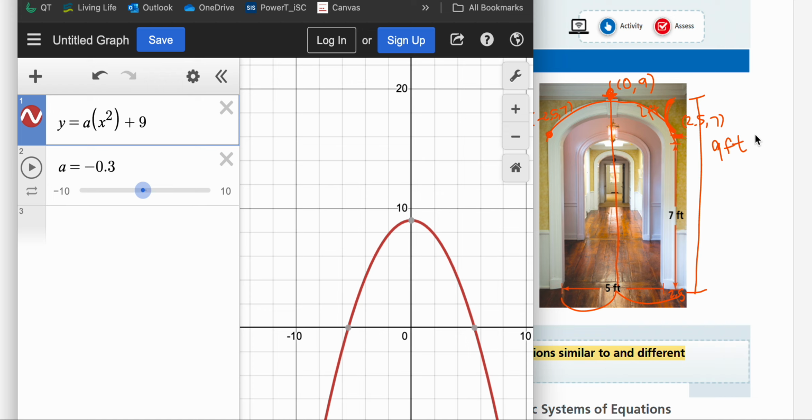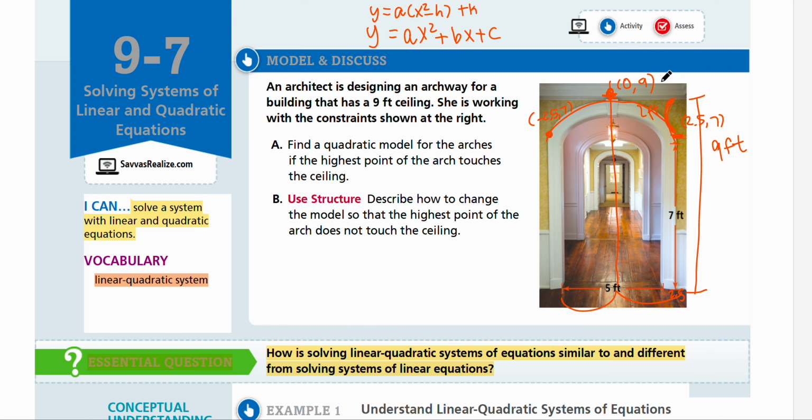But you want to use a regression model. If you use the actual graphing calculator, you'll be able to plug in these points and then use the regression model to figure it out. For Desmos, it's got its limits.